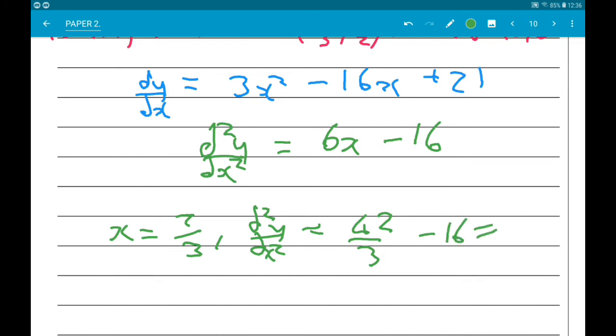Now that's 14 minus 16, so that's minus 2. Now because that's negative, that means this point is a maximum.